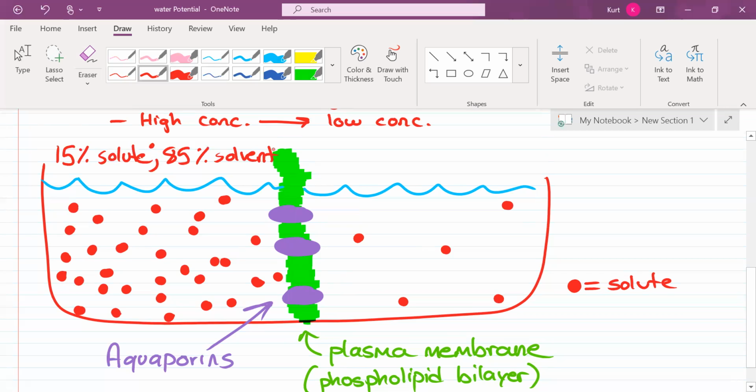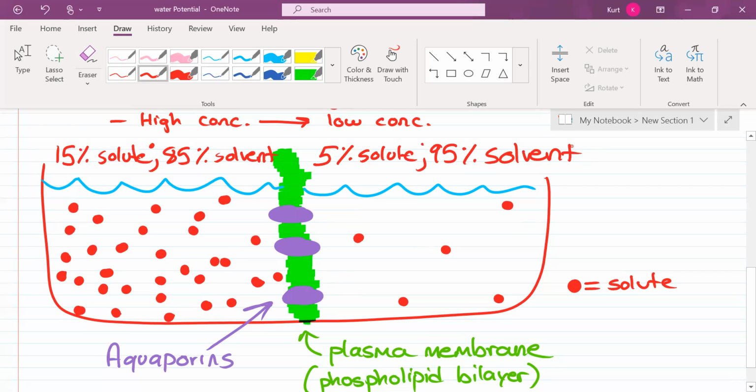On the right side, would our number be greater than or less than 15% solute? Less than. So let's just say it's like 5% solute. So what percent solvent would it be? 95% solvent. So this is passive transport.